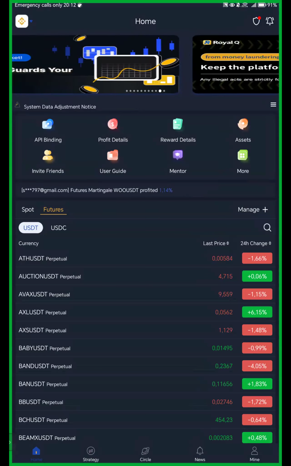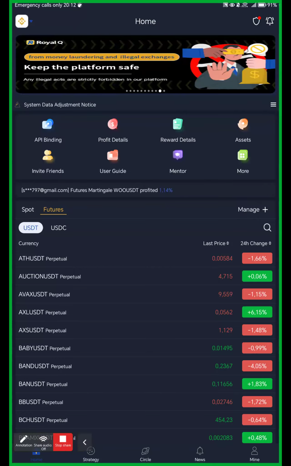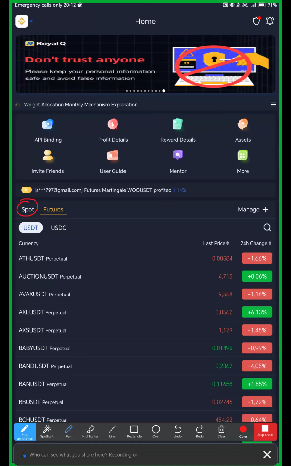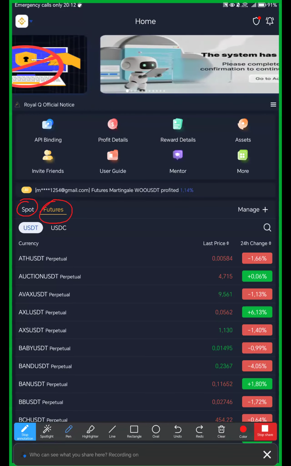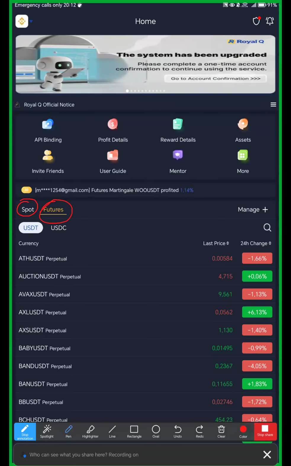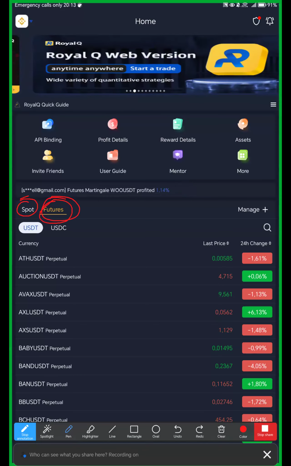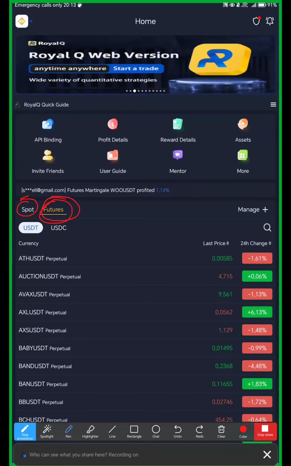We have two markets here. If you are able to see, we have the spot market and we have the futures market. If you are trading in futures, you tap on futures, and it shows you the coins that are available in the futures section.